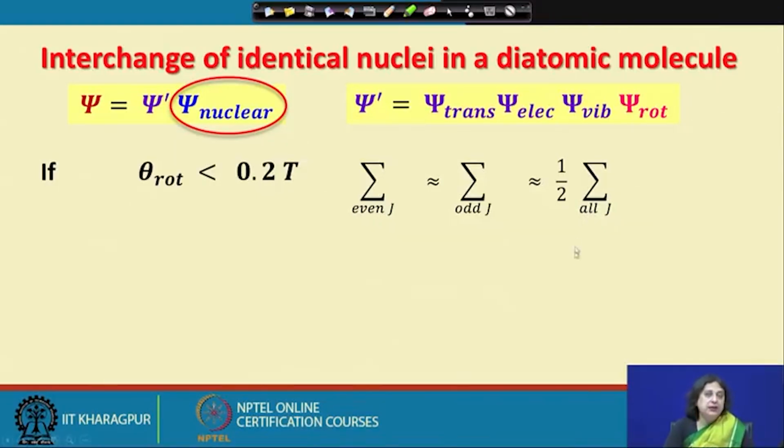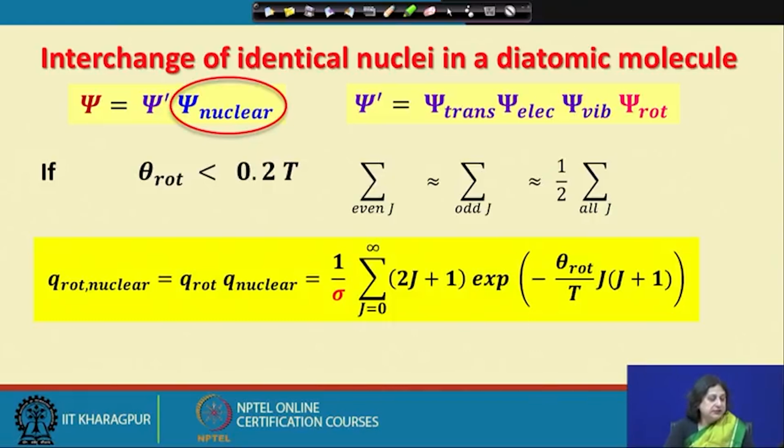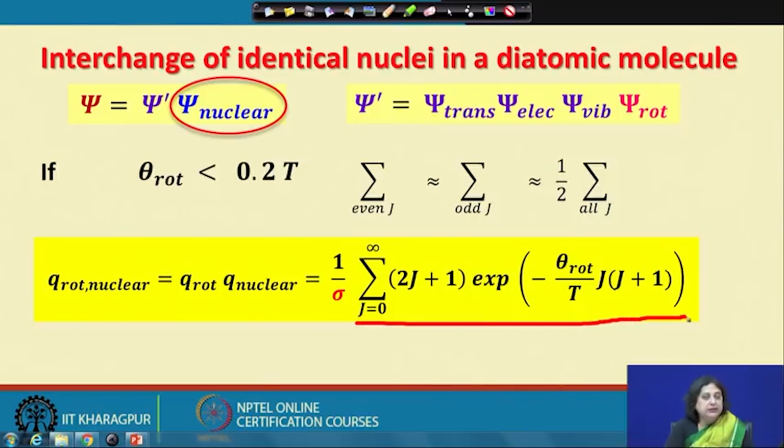Now, this gives a lot of simplification as far as evaluation of Q rot is concerned, because whenever I am trying to evaluate Q rot, I have to evaluate some term like this. Depending on whatever the contributions are, in general one can have this very simple expression for Q rot nuclear, which takes into account all the factors that we have discussed in this class so far.